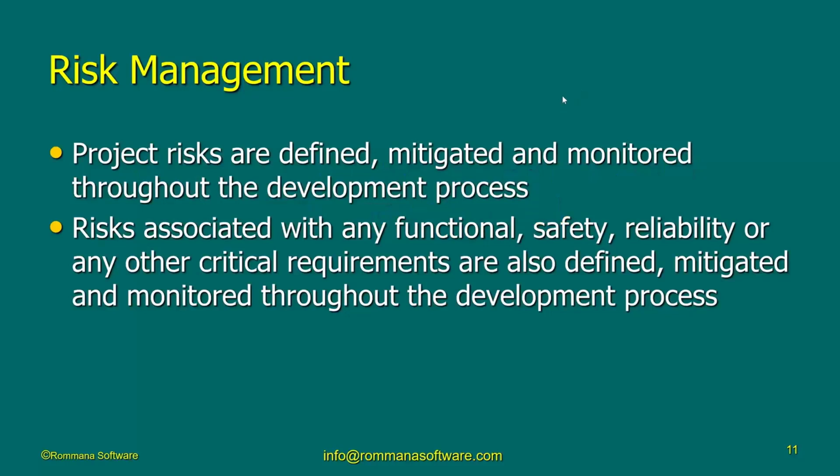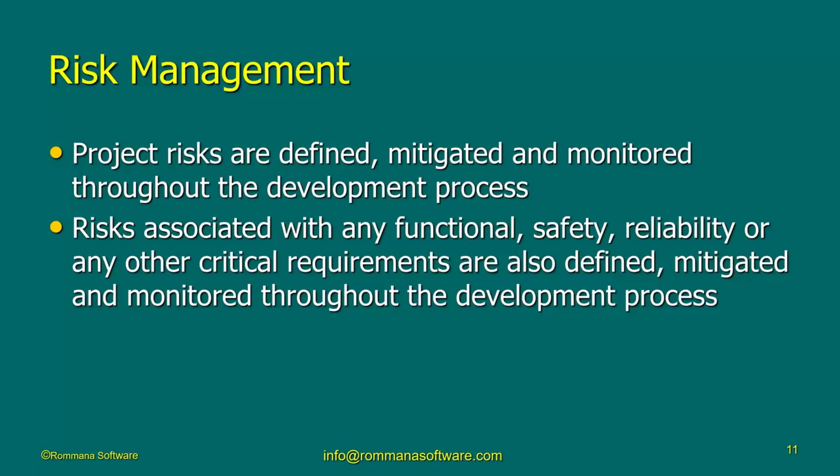Now, Rommana ALM also has good support for risk management, and of course, risk is always there. Projects have risks, and those risks may be associated with requirements or not. When we say the risk is associated with a requirement, that means that there's something that could possibly happen that can hinder us from delivering this requirement.